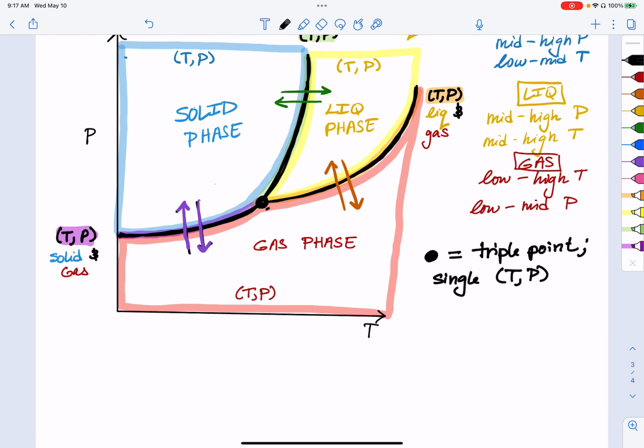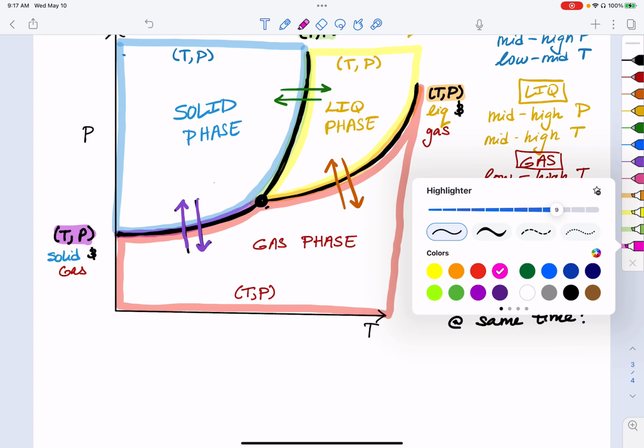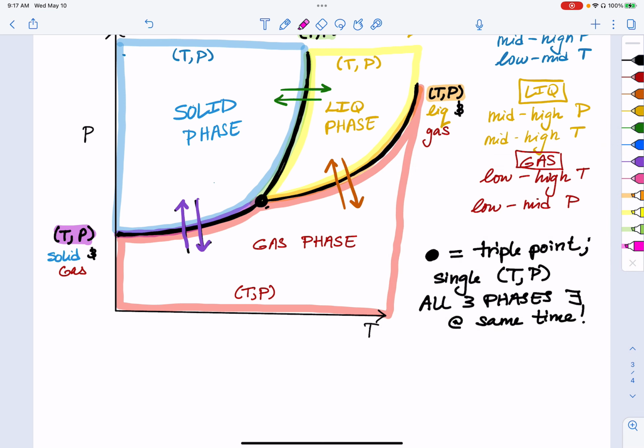And at this single temperature and pressure, all three phases exist at the same time, which I think is just really rad. So I will try to find a video of this going on. Like I want to show you what this actually looks like. So at the triple point, all three phases exist at the same time.